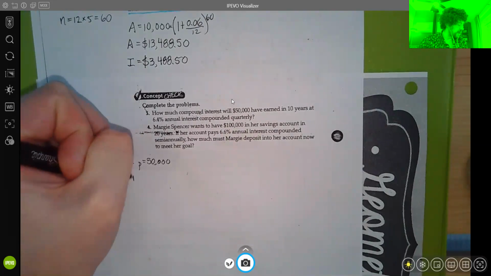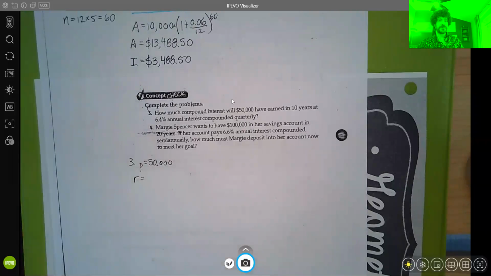Somebody tell me, what does R equal on this one? We always go with the rate divided by number of compounding periods per year. So what is our R value on this one? Somebody type that in for me. I want to get a little bit more participation if we can, which hopefully means people are listening. So it's the rate divided by the number of periods per year. So what are we going to have for R?